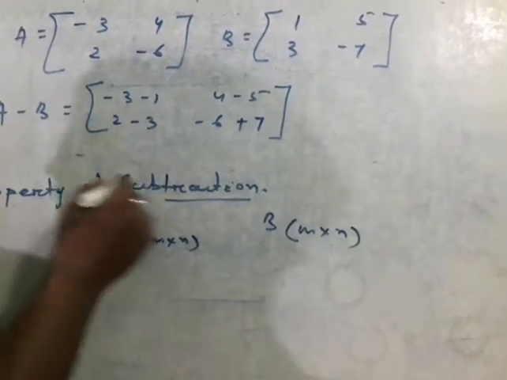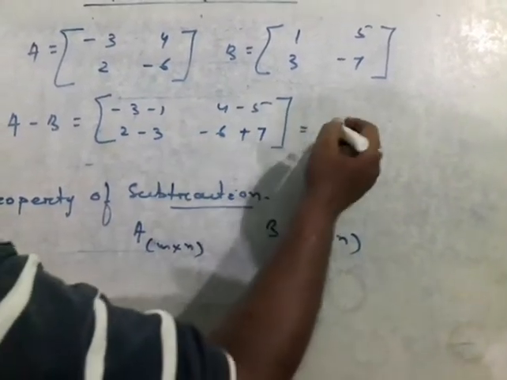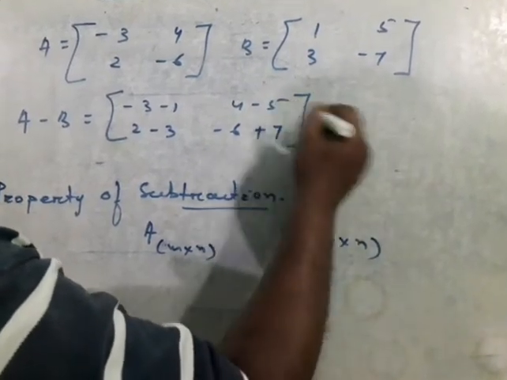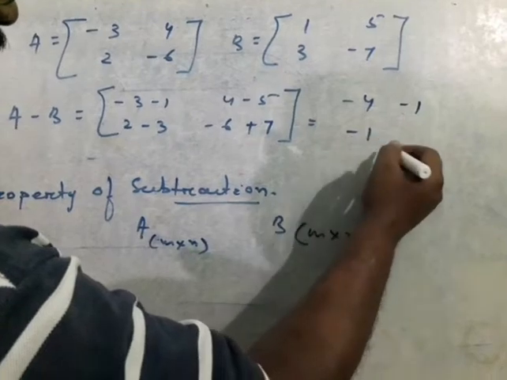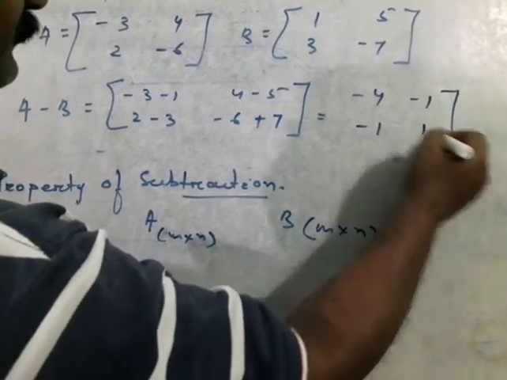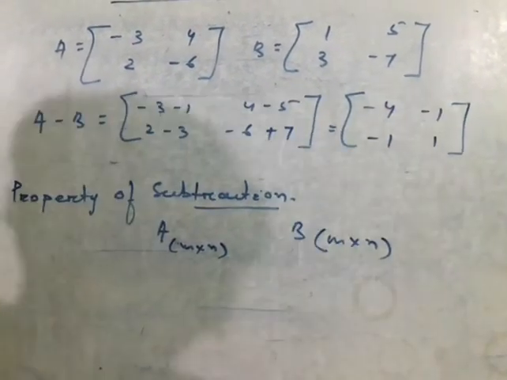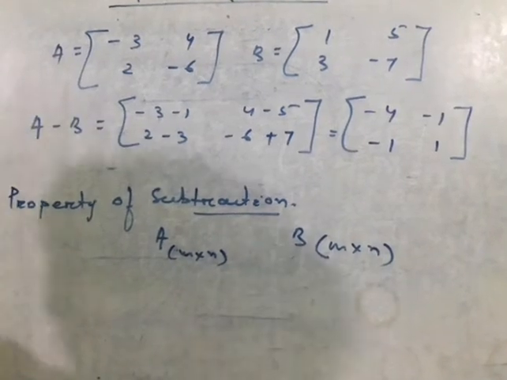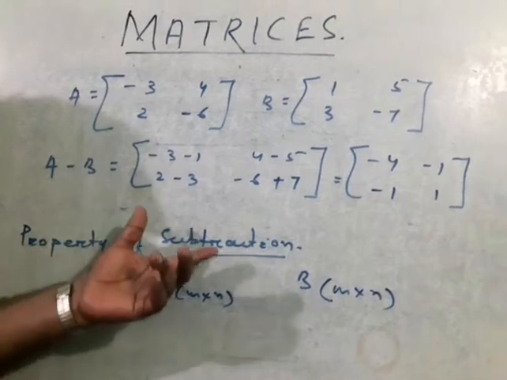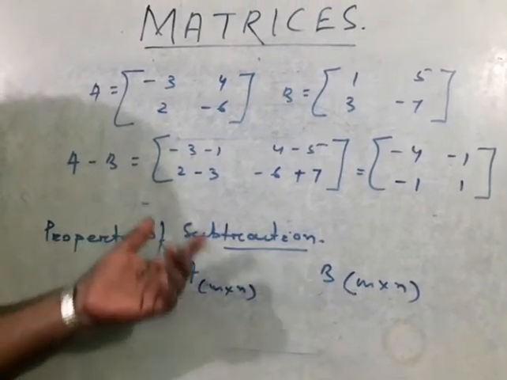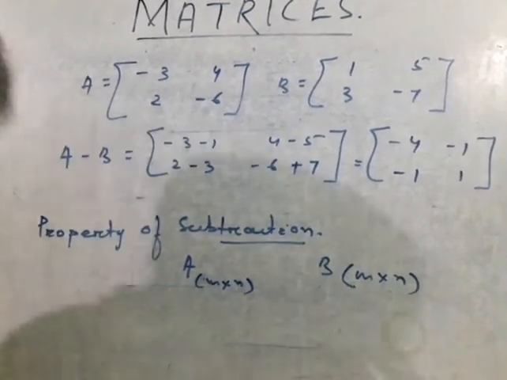In total, the difference of these two matrices is -4, -1, -1 and 1. So in addition and subtraction, matrices can be added or subtracted if their orders are equal, irrespective of the entries.